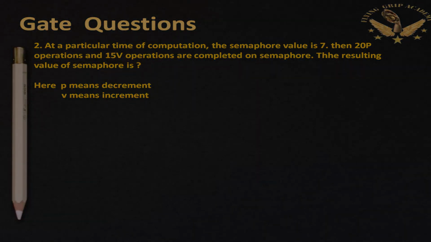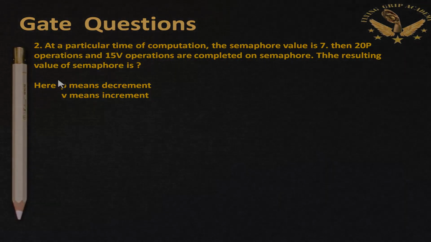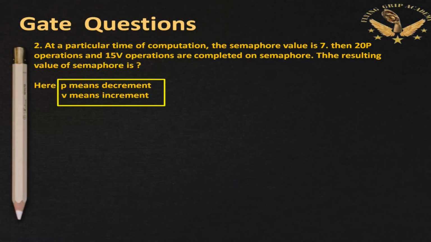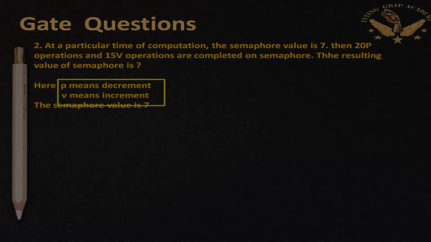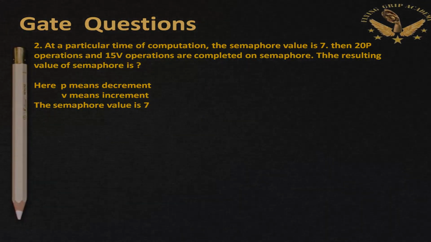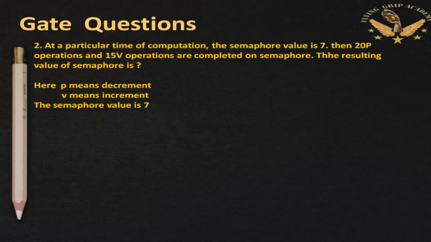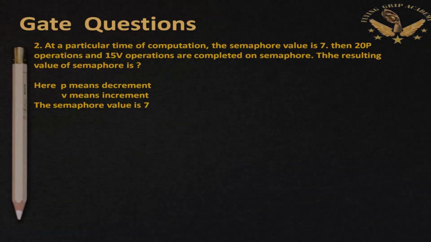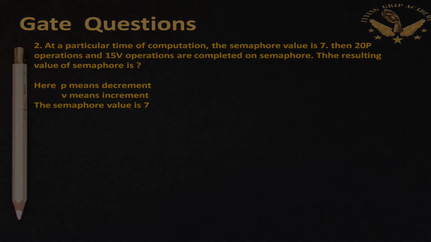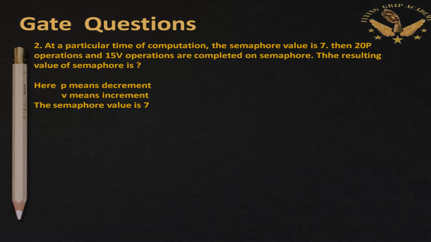For example, as we have seen, P means decrement and V means increment. Here we need to find the value of the semaphore. Already the value of the semaphore is 7. Next, we are going to perform 20 P operations and 15 V operations.